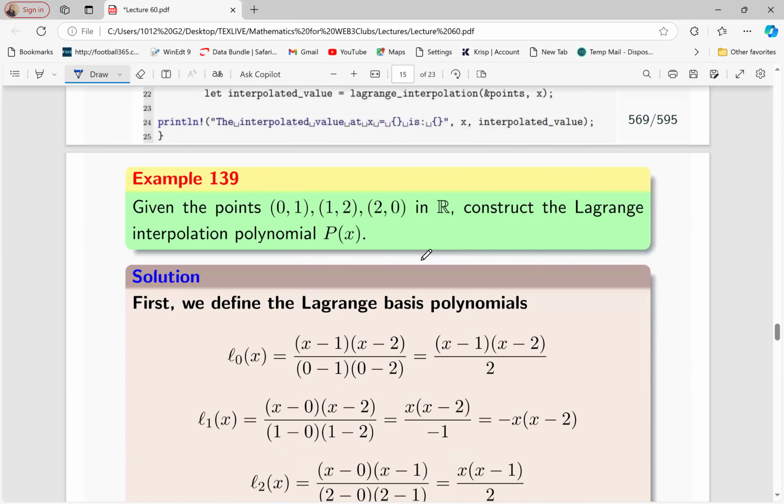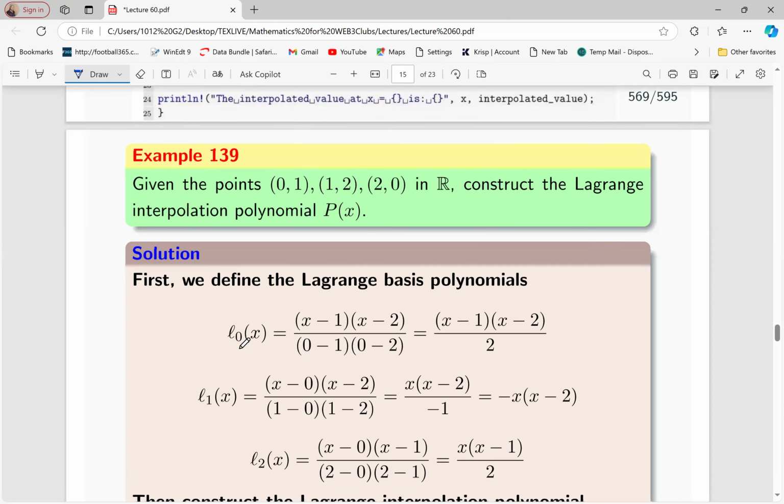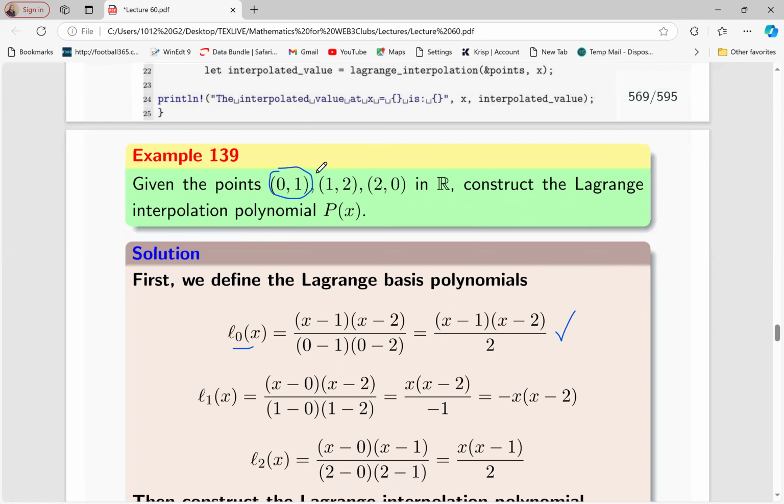Now, this is the other example, and I will just put it for emphasis. I'm not going to go through it. We know that L0(x) is what it will give us. We take the value of x minus the value of the first point under consideration, then x minus the other value.